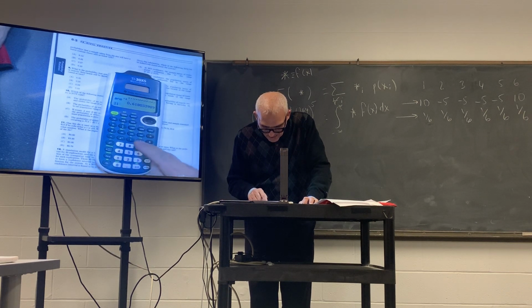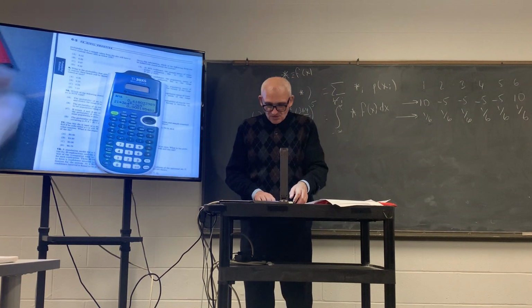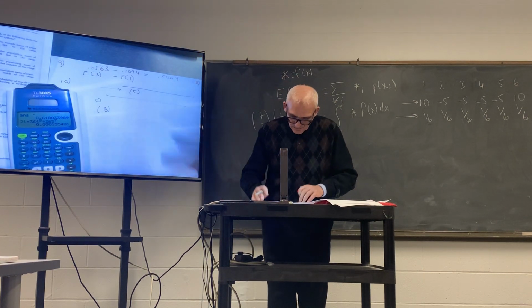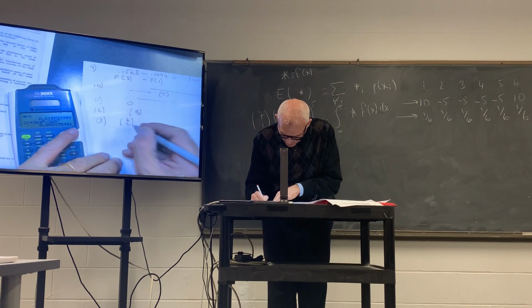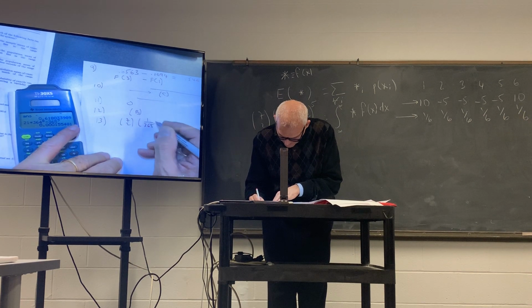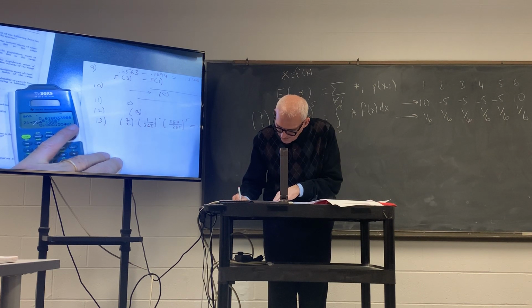Okay, 21 times 364 over 365 to the 5th, and then you divide by 365 to the 7th. 0.0001. 7 take 2, 1 over 365 squared, 364 over 365 to the 5th equals 0.000155.